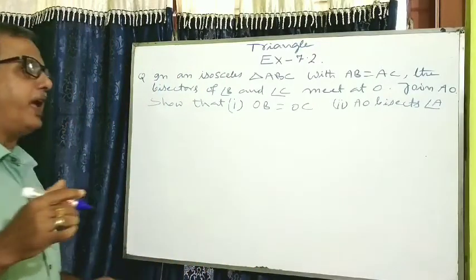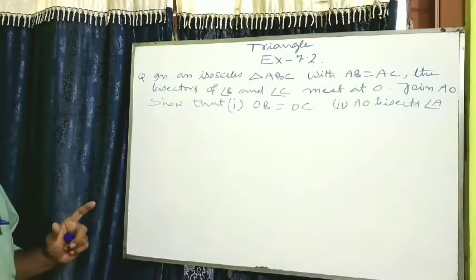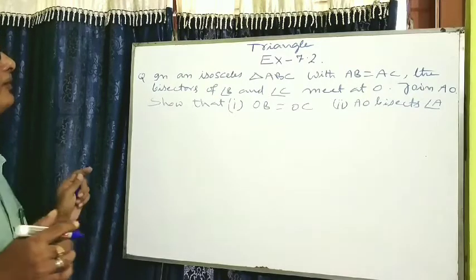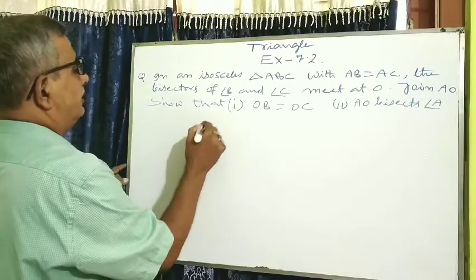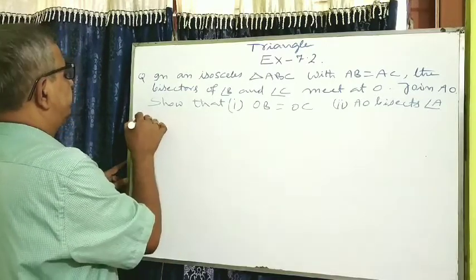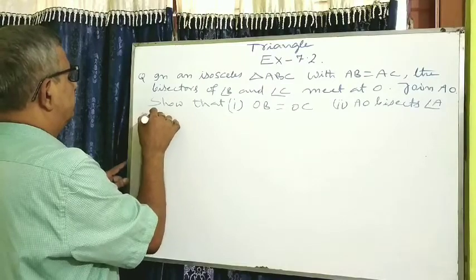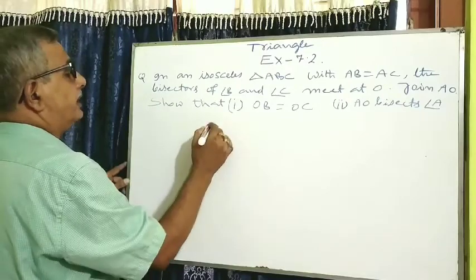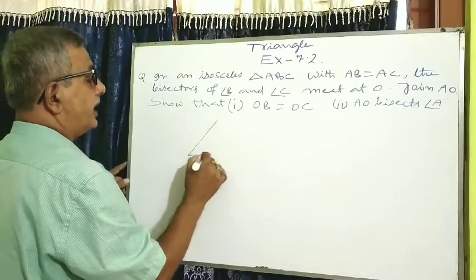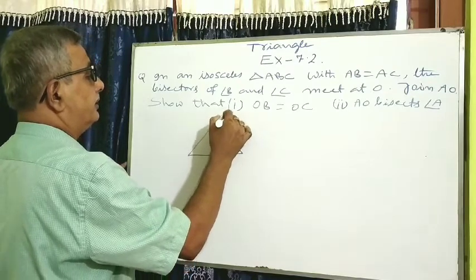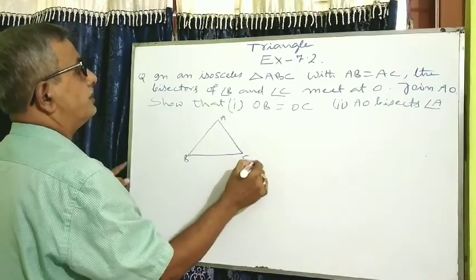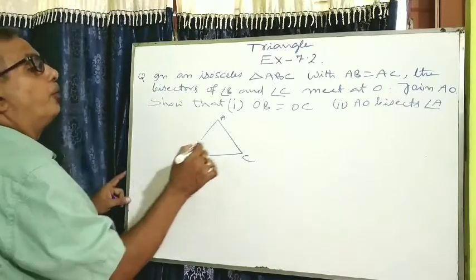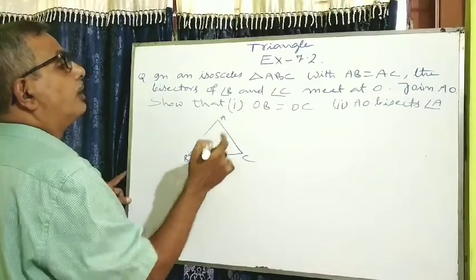Here, first of all, we have to draw the diagram. Then you will get the information and everything will be clear. Here you see, let me draw. This is an isosceles triangle. ABC is an isosceles triangle. Which are the things equal?